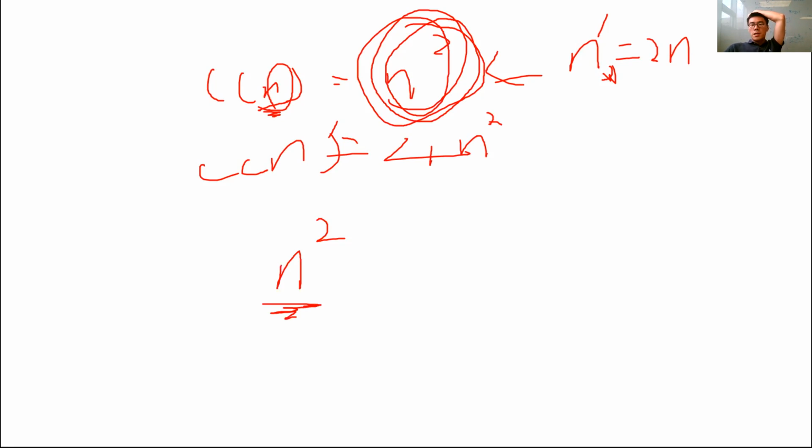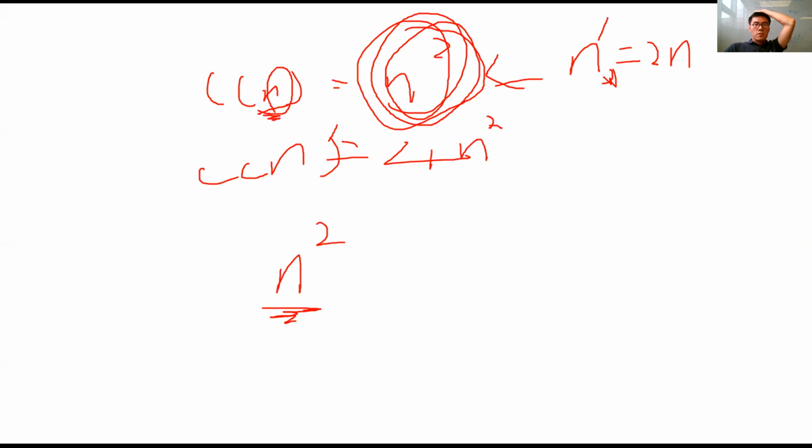So you need to try to figure out which is bigger. The last one is n factorial, which is the worst. You can see how much it increases.